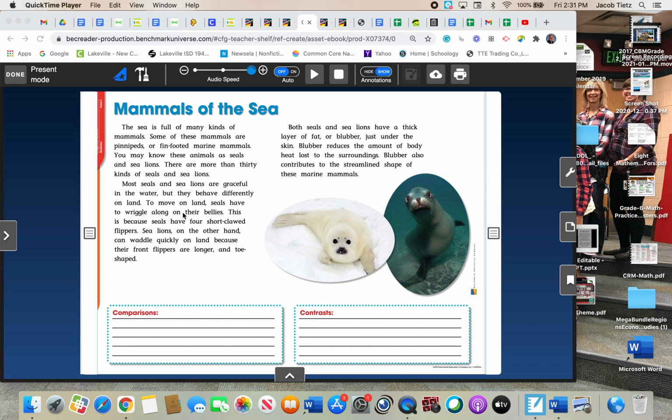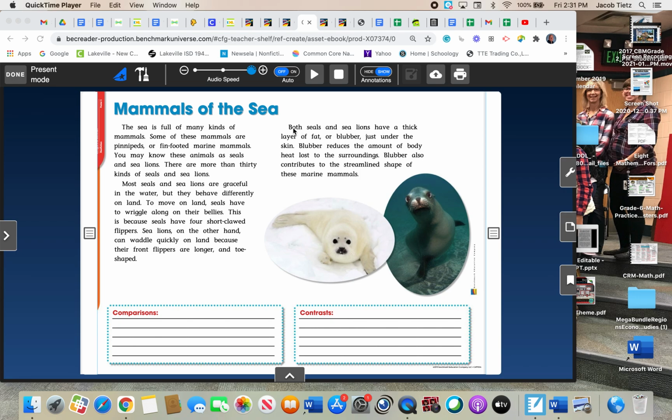So I want to pay close attention to what I'm going to be reading now. To move on land, seals have to wriggle along on their bellies. This is because seals have 4 short clawed flippers. Sea lions, on the other hand, there's another one of our key signal words for contrasting, can waddle quickly on land because their front flippers are longer and toe-shaped.